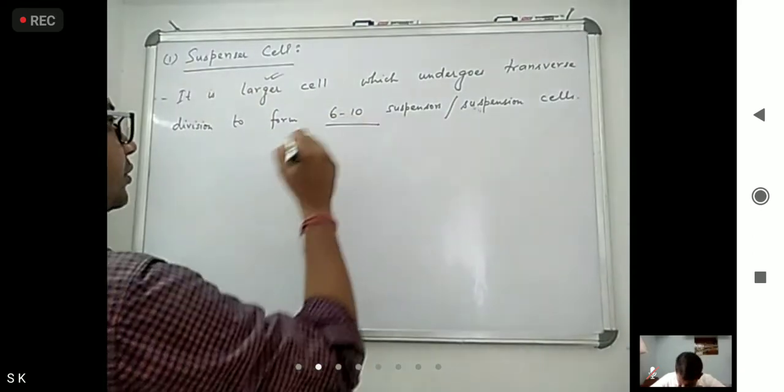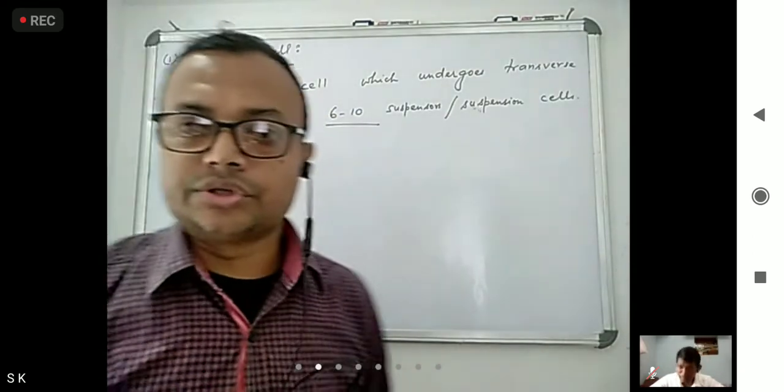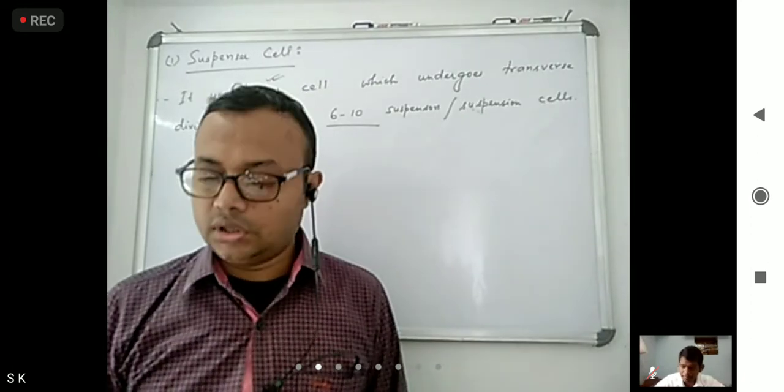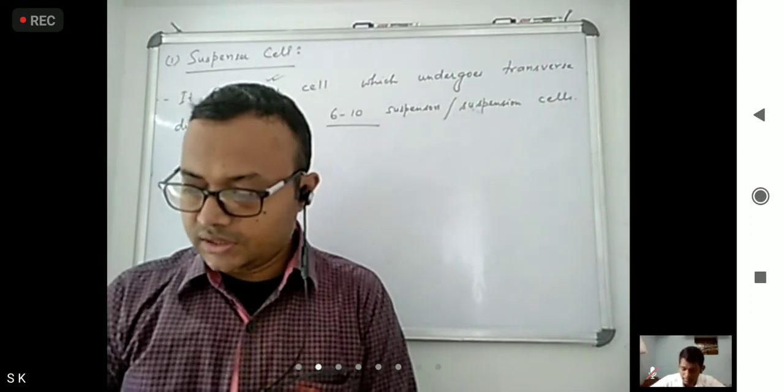This also you have to remember, how many cells they are forming. So 6 to 10 suspensor cells or suspensors are formed.